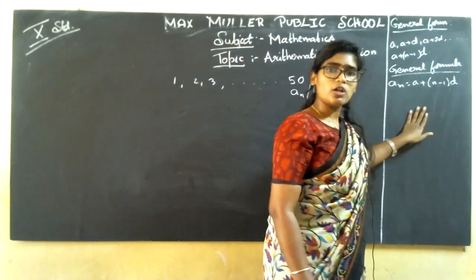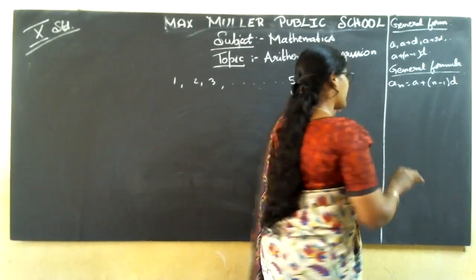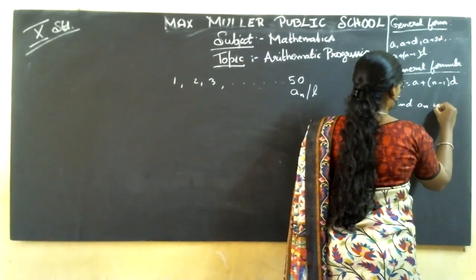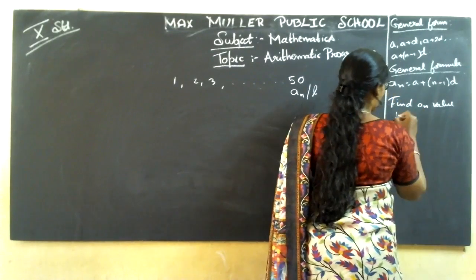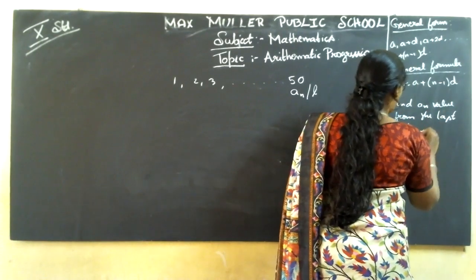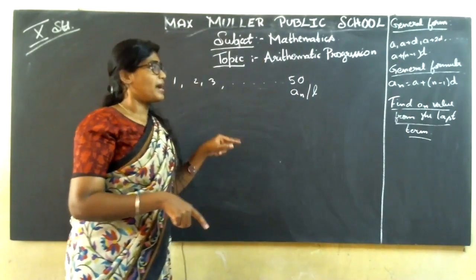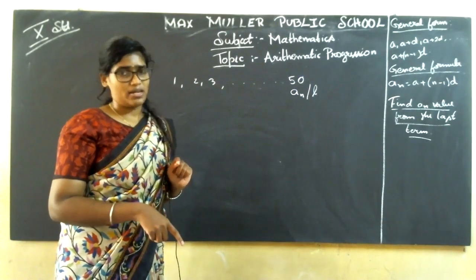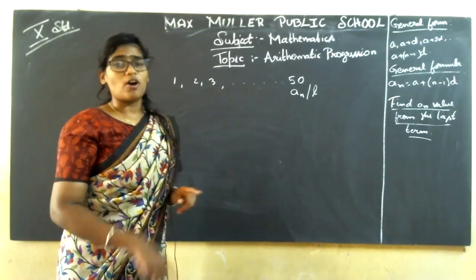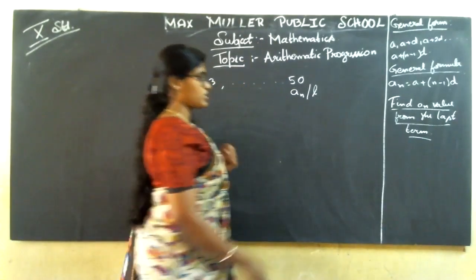This N value, which you put in all the questions, until and unless they give you the sentence 'find the AN value from the last term', till then you will be applying the formula AN equals A plus (N minus 1) into D. If they give you 'find the AN value from the last term', then which is the formula?